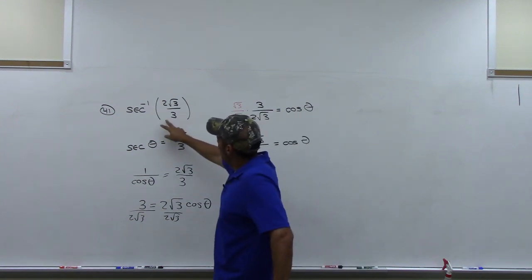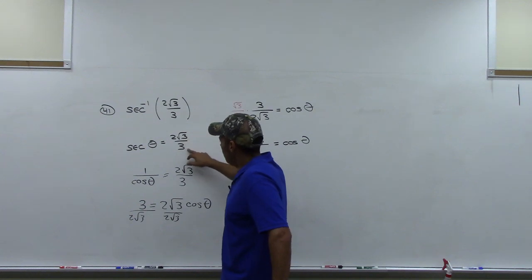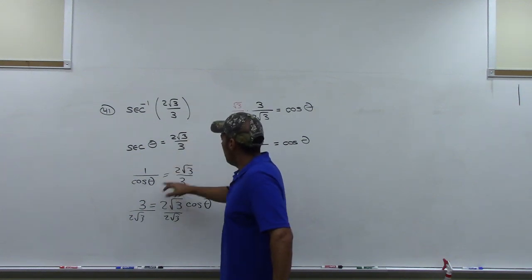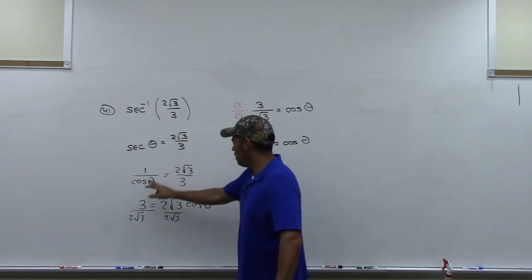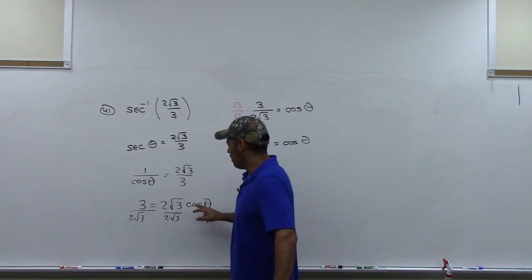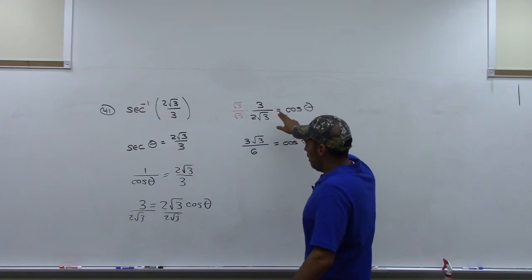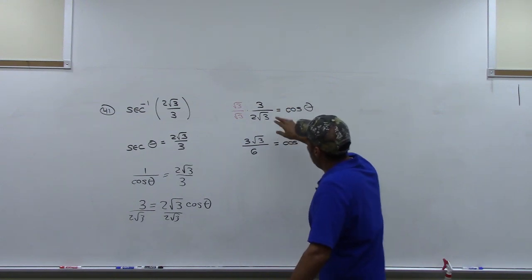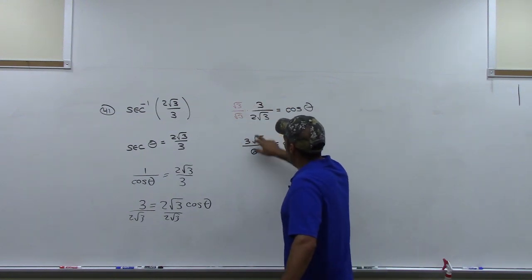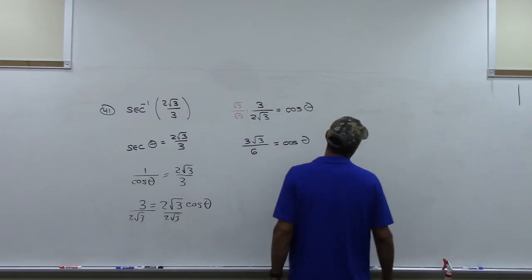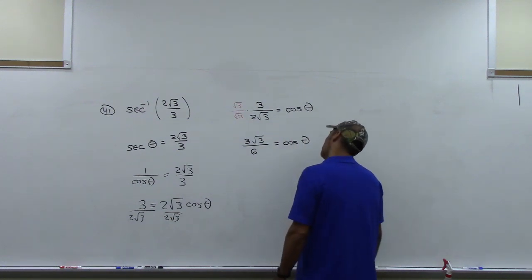So secant of an angle has to be 2 root 3 over 3. 1 over cosine has to be 2 root 3 over 3. Multiply both sides by 3, and multiply both sides by cosine. Divide. 3 divided by 2 root 3. Multiply top and bottom by root 3. You get 3 root 3 over 6. Oh, Robert. It's Friday.